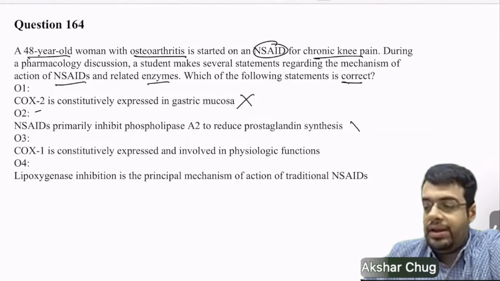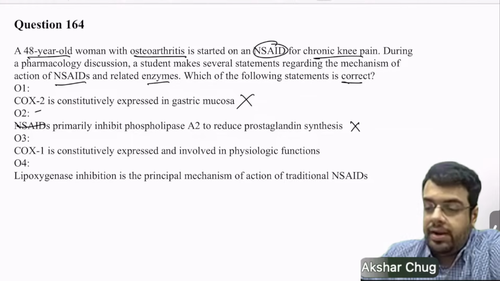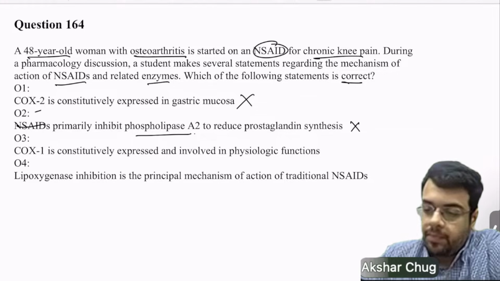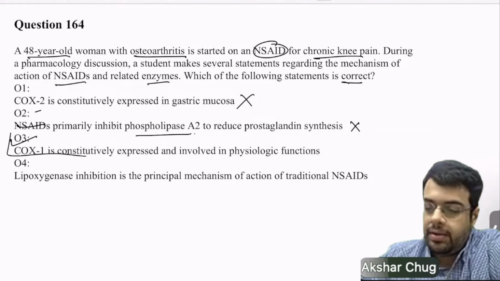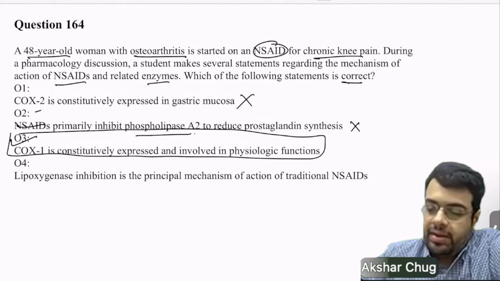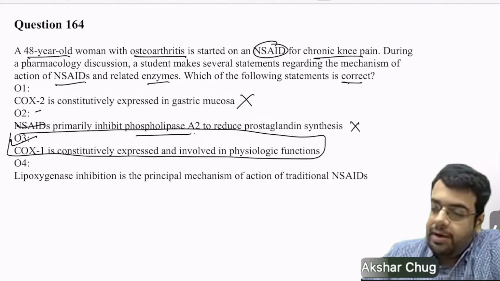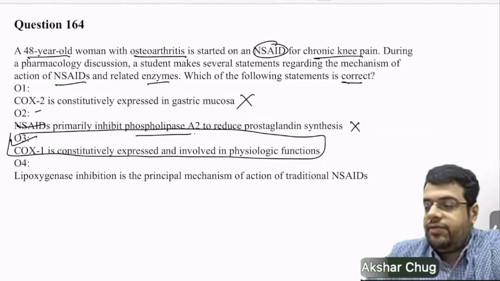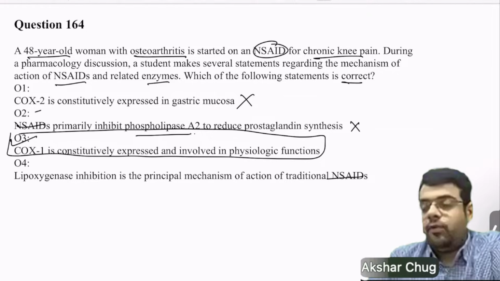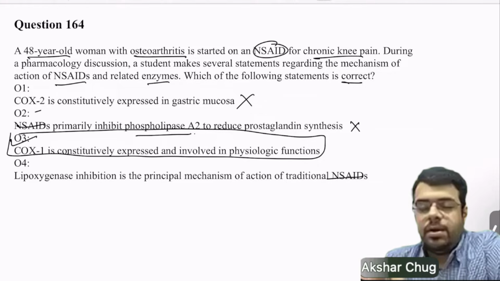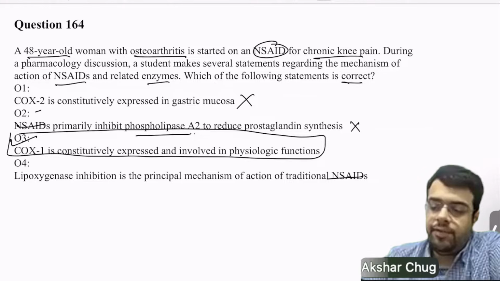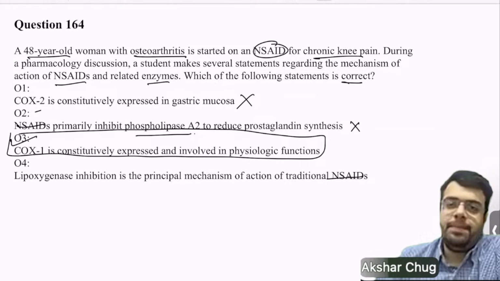It is again incorrect. Steroids inhibit phospholipase A2. COX-1 is constitutively expressed and involved in physiological function. That is a correct statement. Whereas lipoxygenase inhibition is the principal mechanism of action of traditional NSAIDs. No, it is the mechanism for drugs like leukotriene receptor blockers, whereas zileuton will block the lipoxygenase pathway.